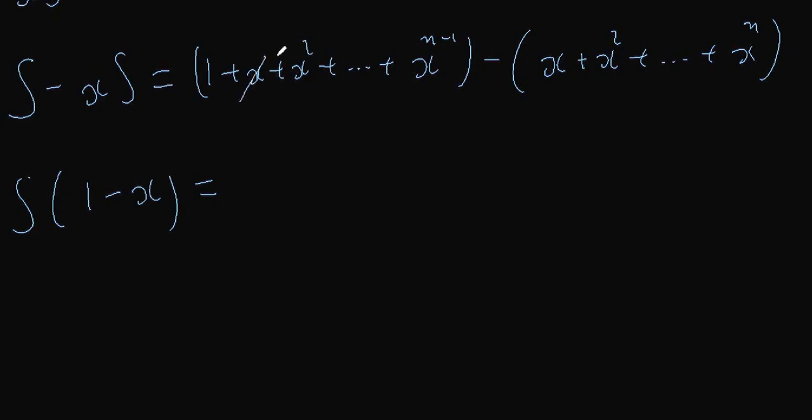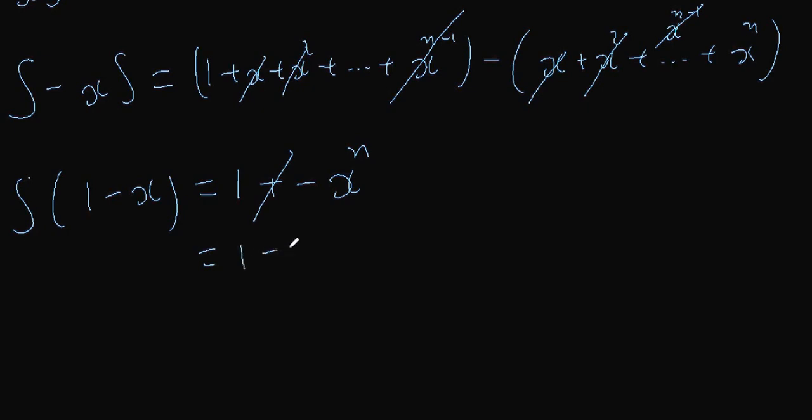You have an x here and an x here, so x minus x cancels, x squared cancels with this, so you're left with 1 plus, and now this x to the n minus 1 here is going to cancel with the x to the n minus 1 that is here before this x to the n. The last term is minus x to the n, so this plus goes out, so this is the result.